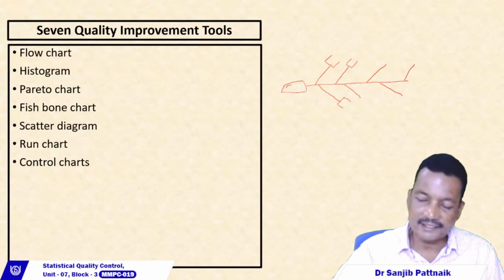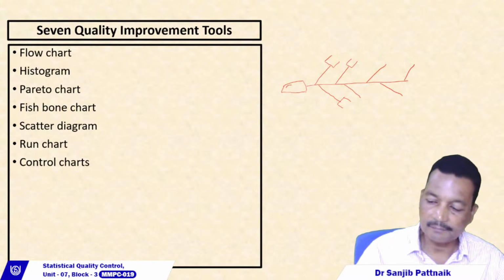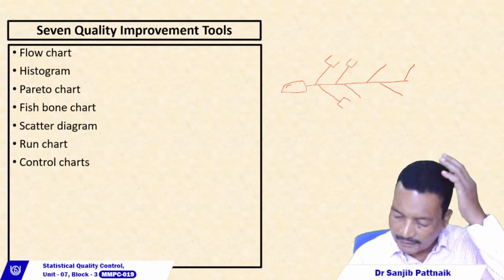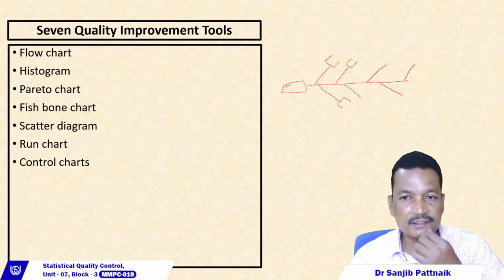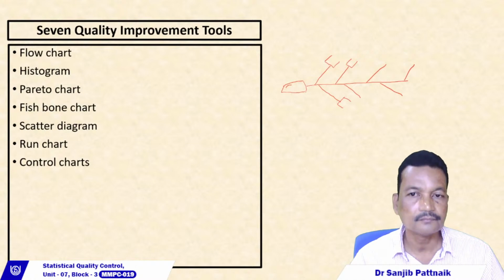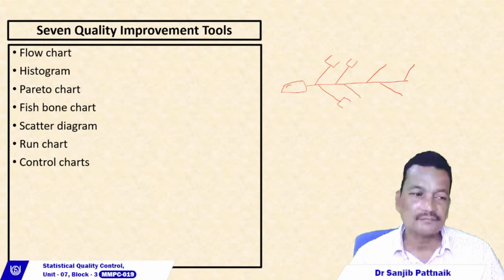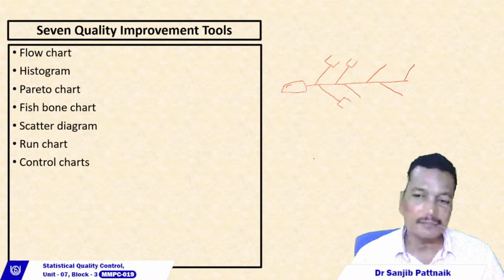Another is a scatter diagram. Now, what is a scatter diagram? Usually it is taken for two things. That means what is the problem, what is the basic cause. Let us go by advertisement and sales. Usually we say the more advertisement we make, the higher may be the sales.